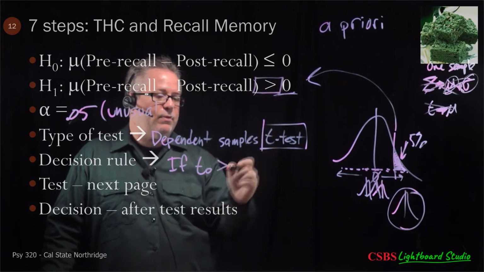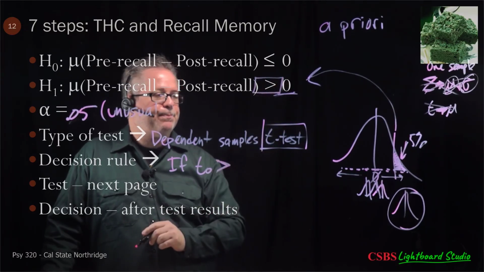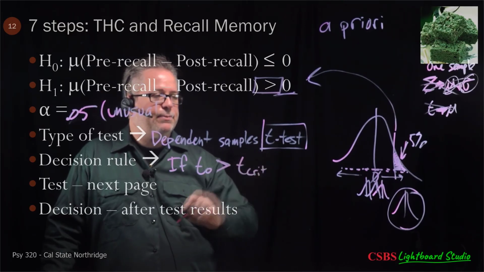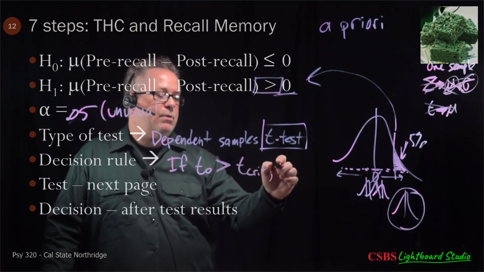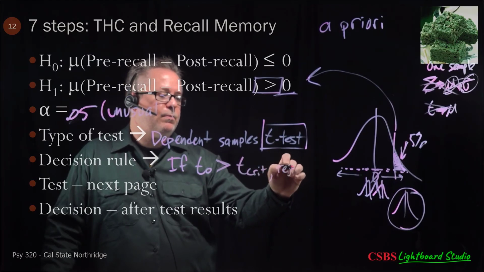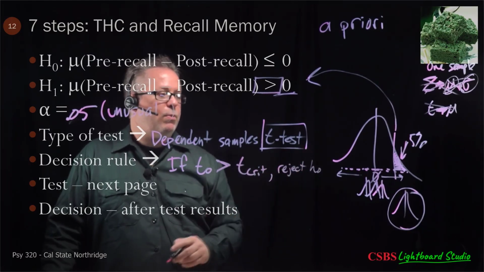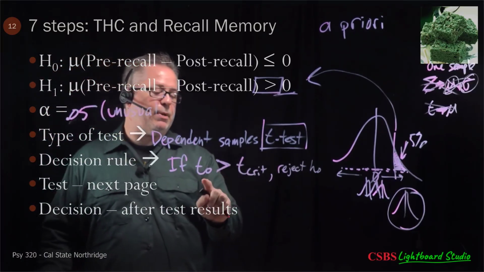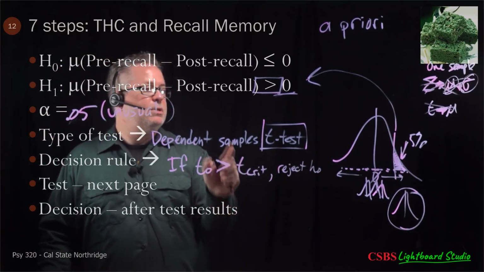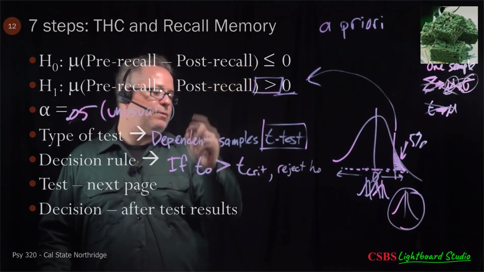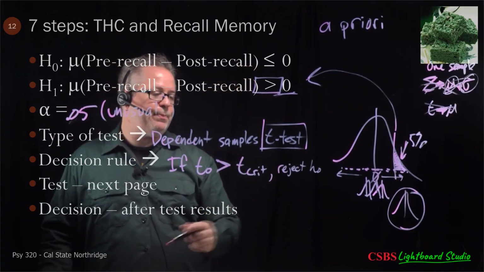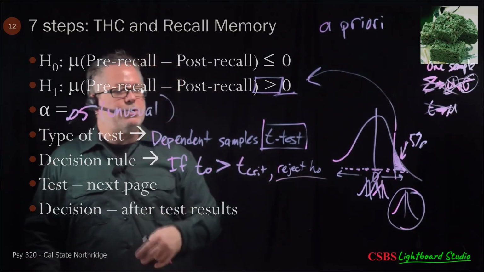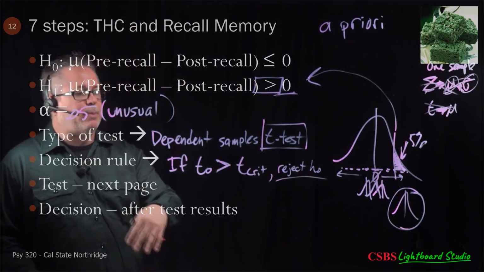So I'm going to stick with TO is greater than my T critical, T crit, then I'll reject the null. That's sort of what we want to set up as our decision rule. If my comparison between my T observed and T critical seems to match the alternative here, my T observed is larger than T critical, then I reject the null. I'm then going to go on to do the test and then compare that back here.